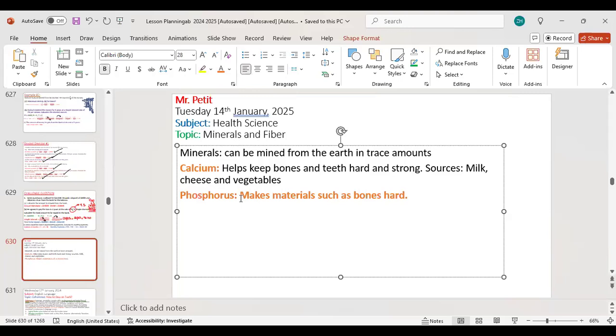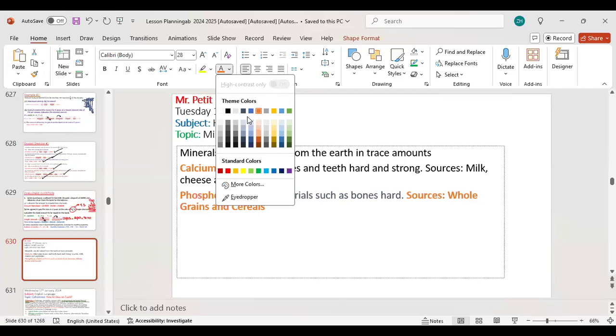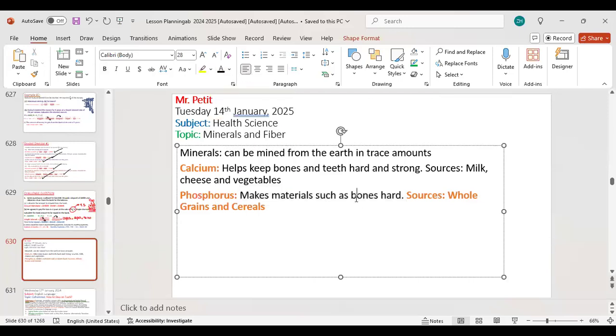And we can find phosphorus in whole grains and cereals. Now, when we say phosphorus, if a question asks, and they like to ask this inside your health science or general science exam, what two minerals are needed to help to make the bone and teeth strong? What would you say? Calcium and phosphorus. Calcium and phosphorus. Very good.